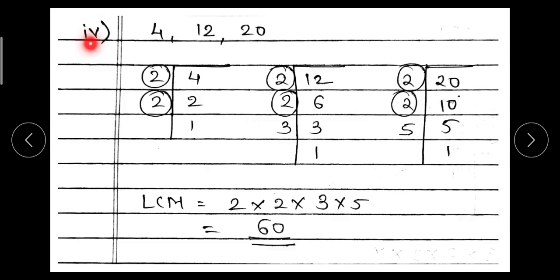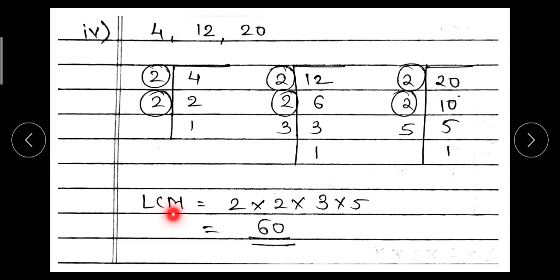Question number 4. 4, 12, 20. Factors of 4 are 2 2s are 4, 2 1s are 2. Factors of 12 are 2 6s are 12, 2 3s are 6, 3 1s are 3. 20: 2 10s are 20, 2 5s are 10, 5 1s are 5.